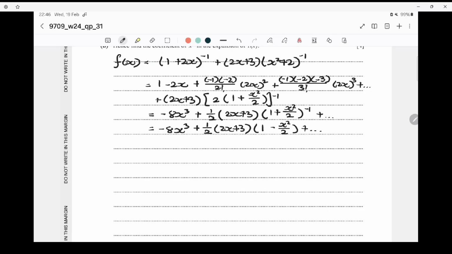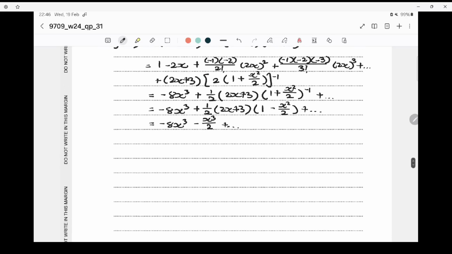I don't really need to expand further than that, because when you perform the multiplication, you will notice that this is actually equal to half multiplied with 2x, so you get x multiplied with the last term, so you get the x cubed term. So you have minus x cubed over 2. The rest of the multiplication will result in higher than x cubed power terms.